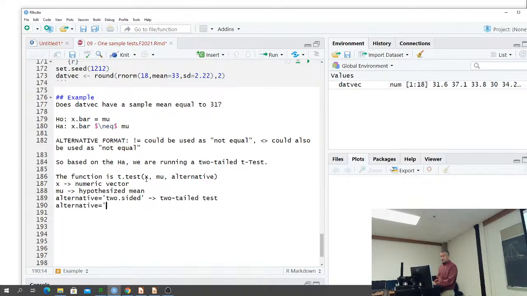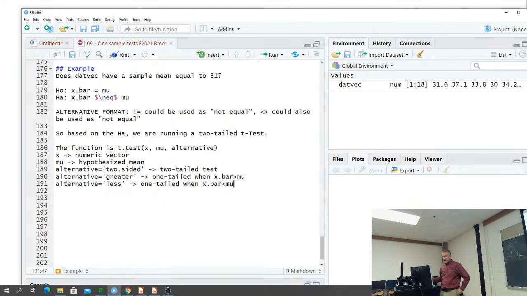Alternative equals greater is one-tailed when we predict x bar will be greater than mu. An alternative less is a one-tailed test, again, when our x bar is less than the mu. So we're kind of laying it out when we would use each of these.